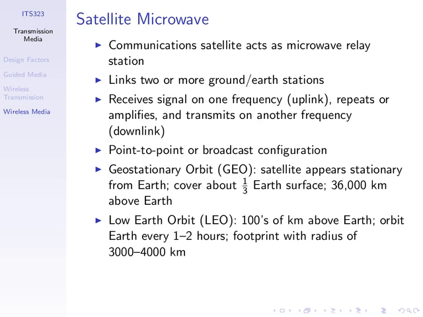Another example of a wireless medium is satellite microwave, using similar frequencies but not transmitting to stations on the ground, but relaying via a satellite up in space. Where we have an antenna on the ground, some satellite up in space or in some orbit, and another antenna on the ground.